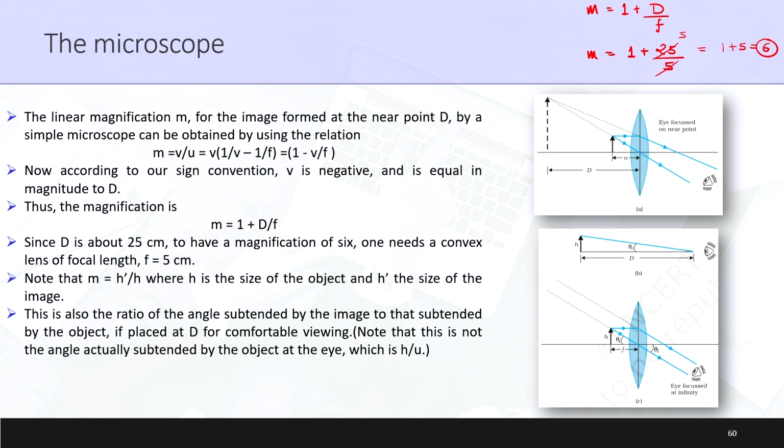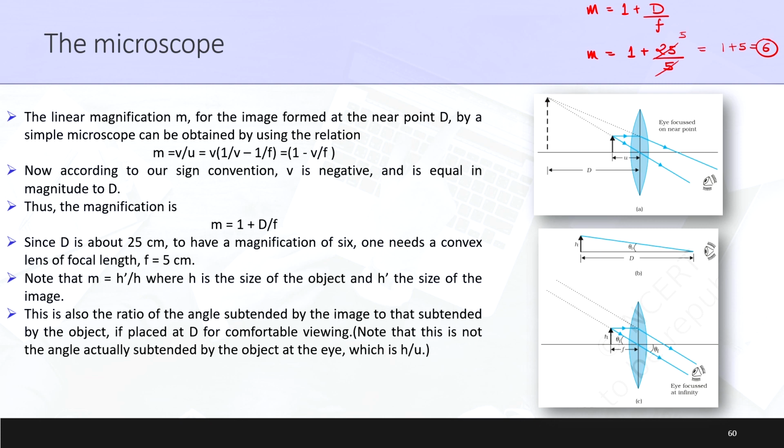Note that m is equal to h dash by h, where h is the size of the object and h dash is the size of the image. This is also the ratio of the angle subtended by the image to that subtended by the object if placed at capital D for complete viewing. Note that this is not the actual angle subtended by an object at the eye, which is h by u. So, h by u is different and h dash by capital D is different.